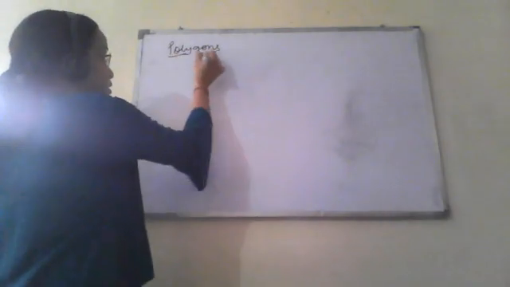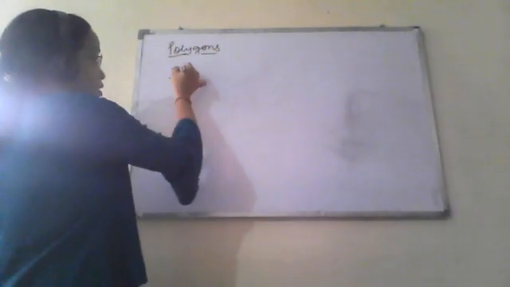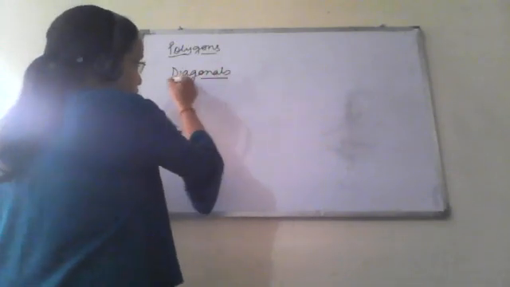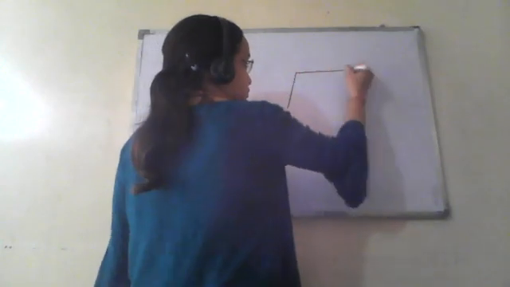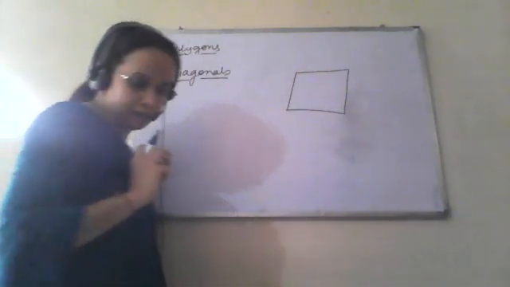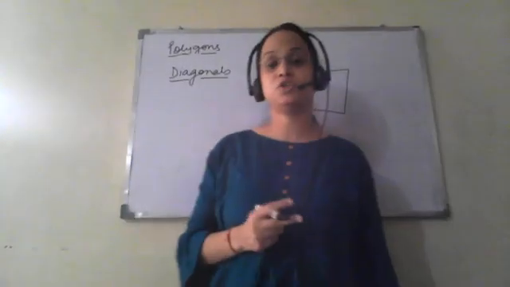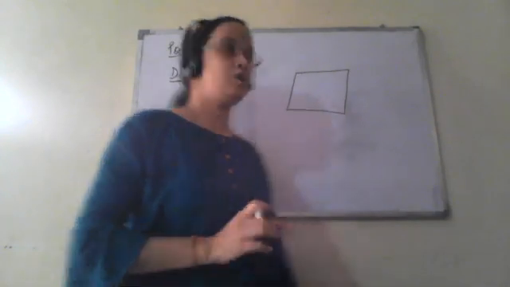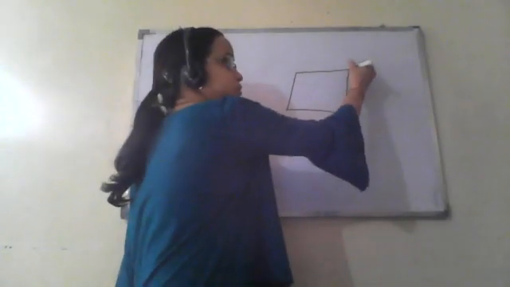Now diagonals. What are diagonals? This is a figure. Vertices, you all know, are the meeting points of these line segments.